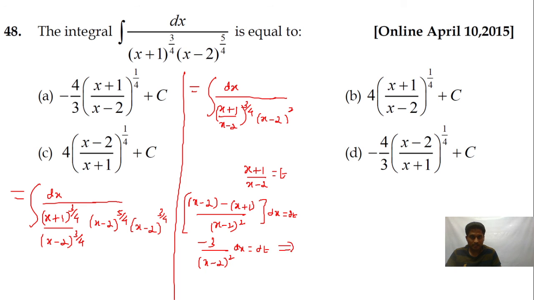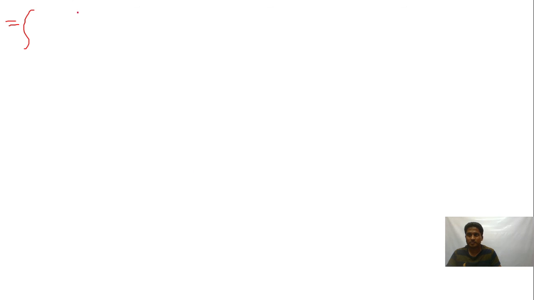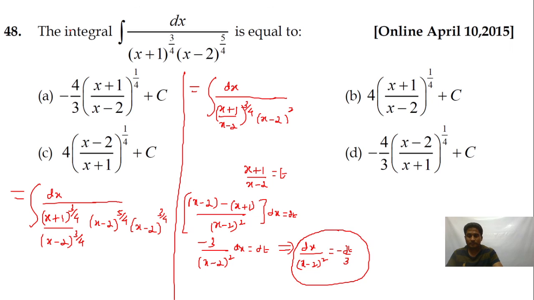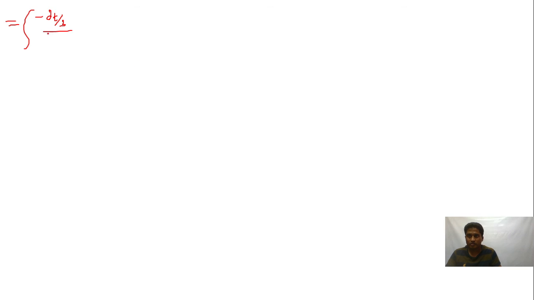And this can be written as dx divided by x minus 2 the whole square is equal to minus dt by 3. So numerator becomes minus dt upon 3, okay, divided by t to the power of 3 by 4.